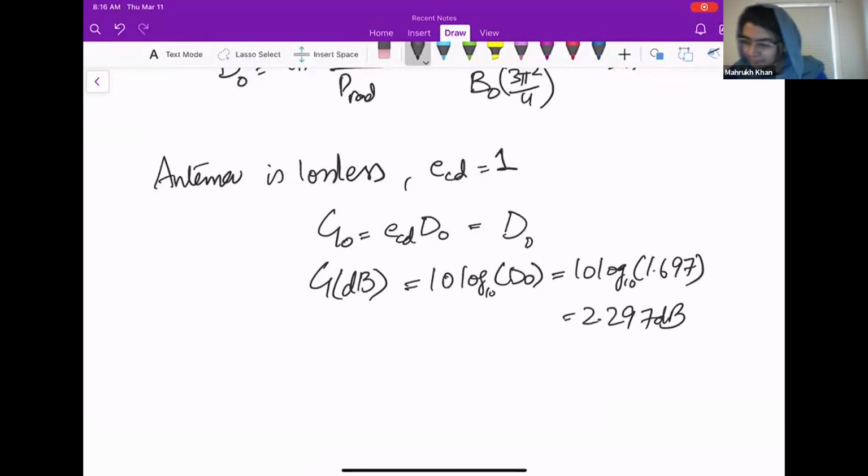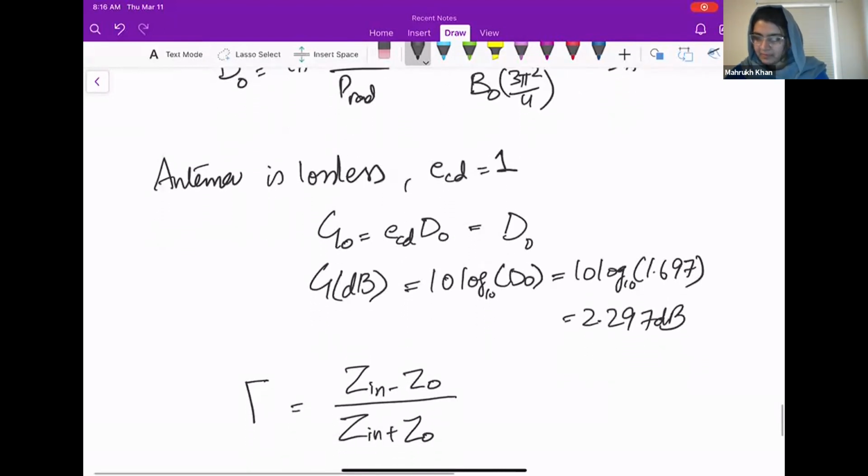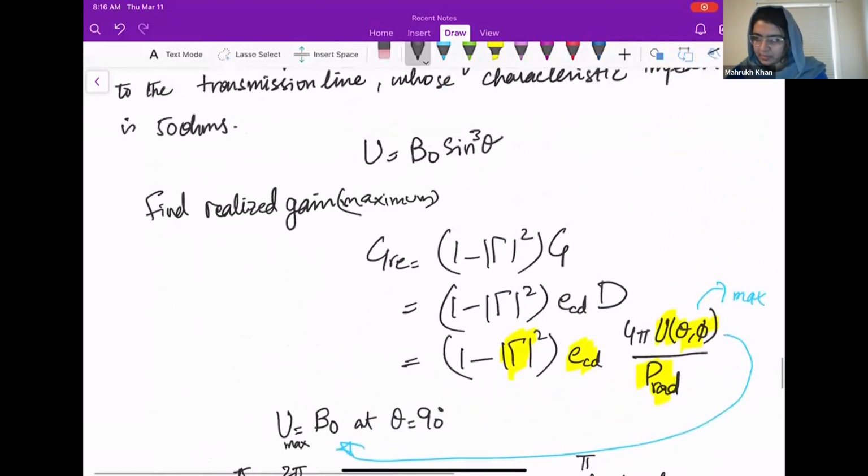So let's find out the reflection coefficient first. Because we know that the reflection coefficient is this, and I will come back to that, but I just want to talk about this thing.